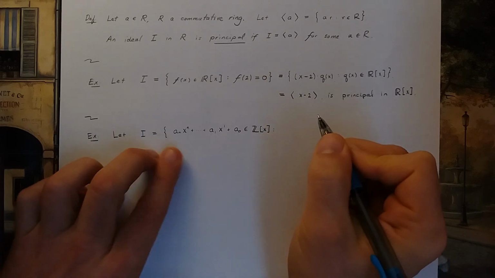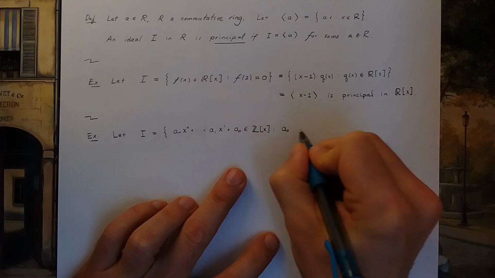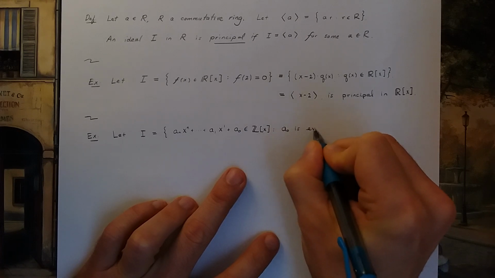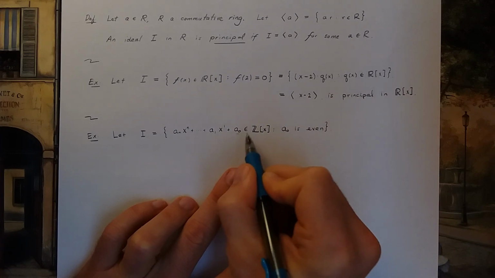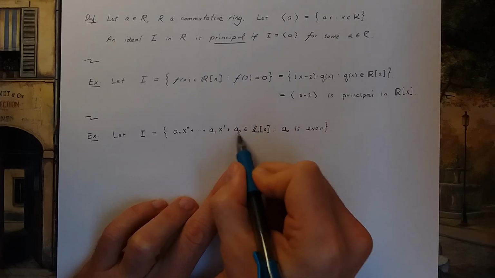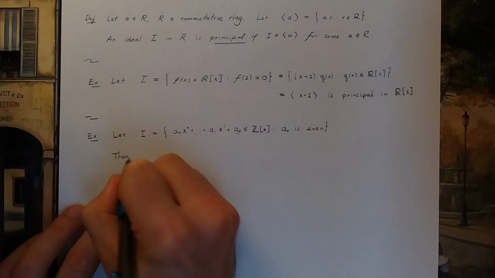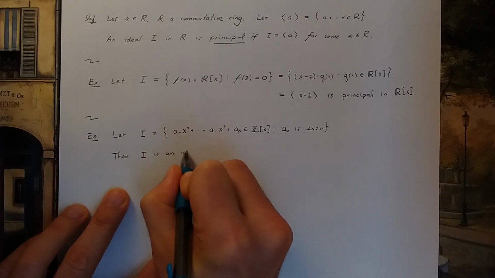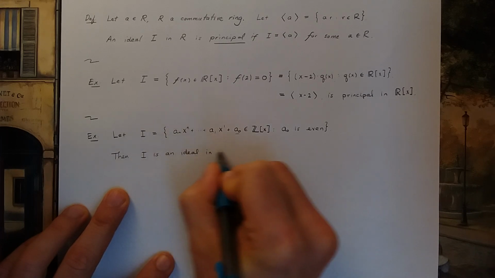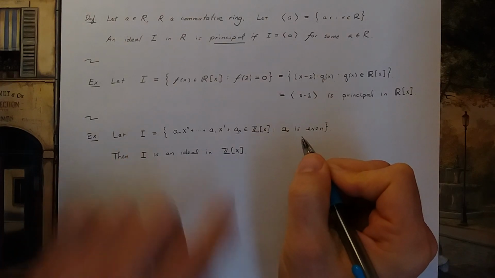And I'm going to add the condition that a0 is even. So the last coefficient, the coefficient of the constant term, has to be an even number. So then I is indeed an ideal in the ring of polynomials over the integers.